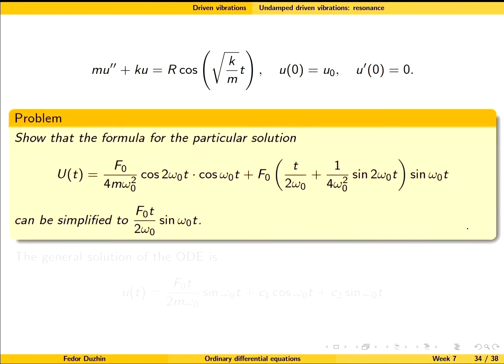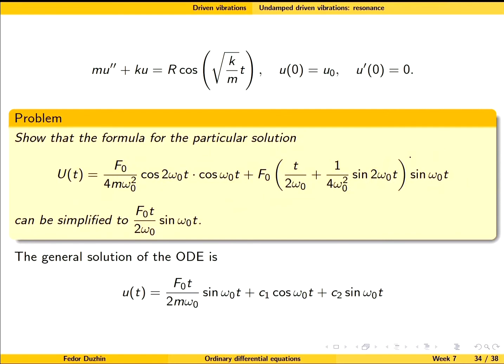So a challenge for you, and this is actually a very meaningful question, and I suggest that all of you at least try. You don't have to report it to me, but you should try. The interesting thing is that this is a formula for the particular solution, and it looks big. But as a matter of fact, if you simplify, then this term is going to be gone, and this term is going to be gone, and only this part remains.